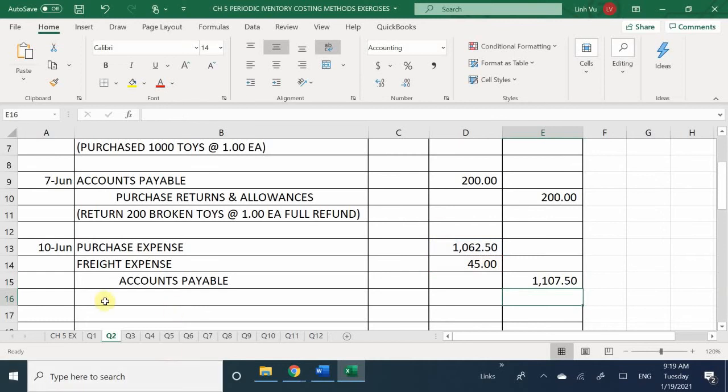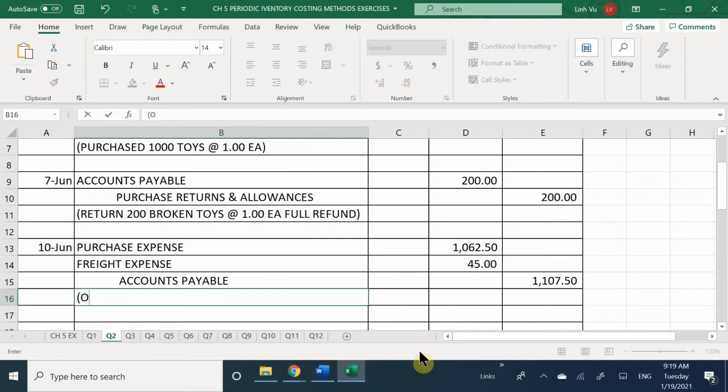And I'm going to go ahead and make a note here saying that I purchased 850 toys at $1.25 each. Okay?